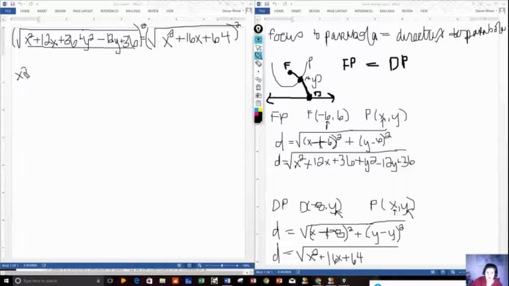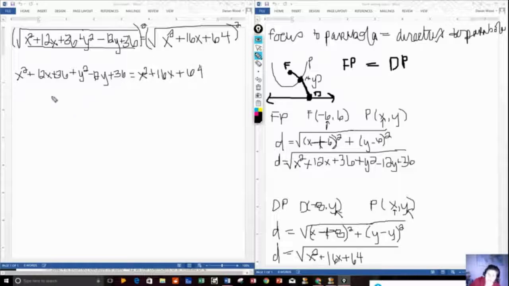So we would have x squared plus 12x plus 36 plus y squared minus 12y plus 36 is going to equal x squared plus 16x plus 64.